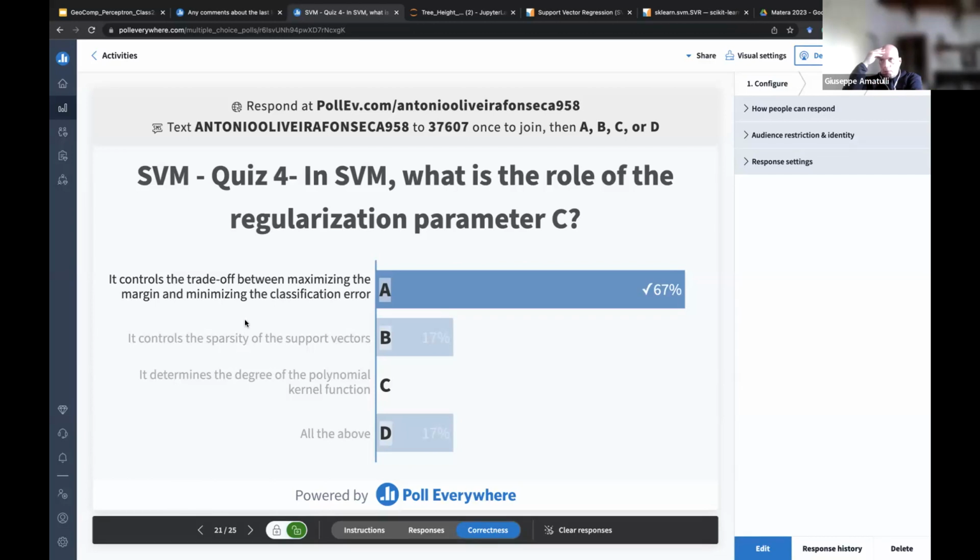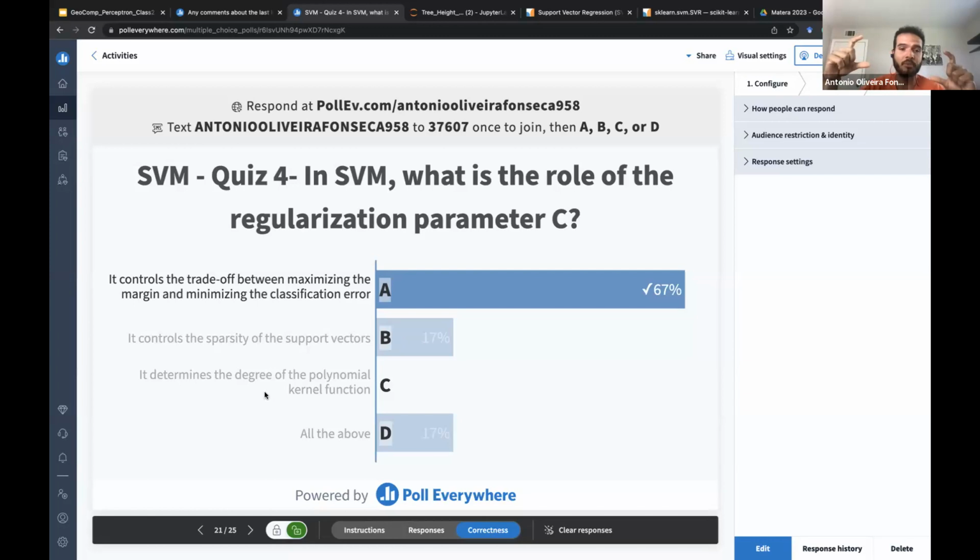Yeah, I think this was a poor choice of words here. It controls the trade-off between maximizing the margin and minimizing the classification error. I think that I should have framed this question as a regression problem instead of classification.